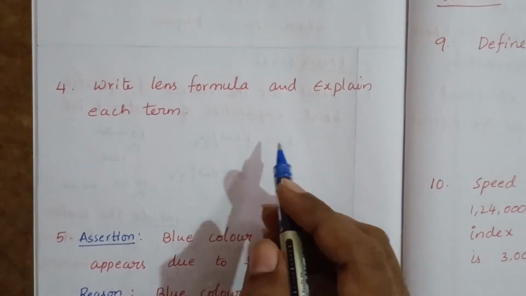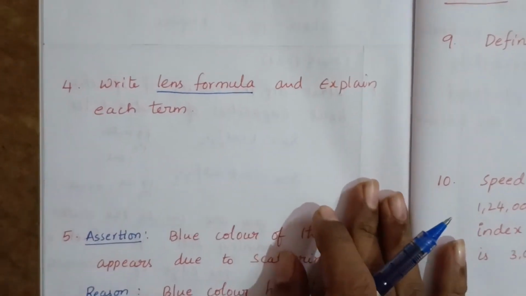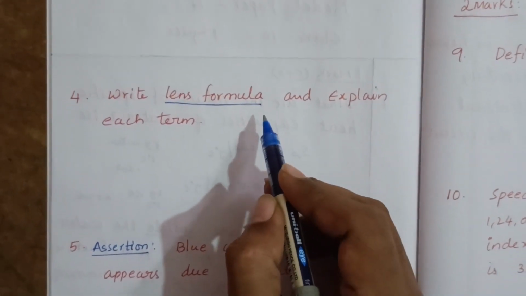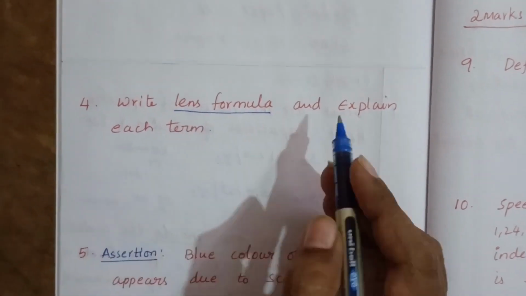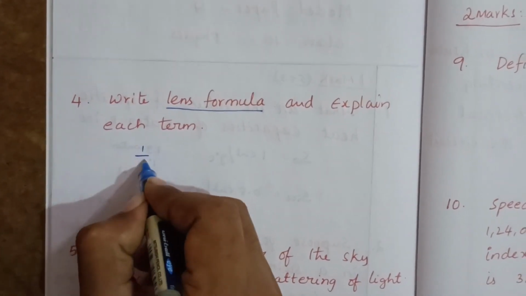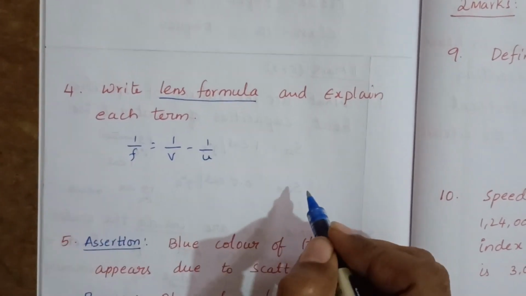Next question, write the lens formula. Students, check whether the question asks for lens formula or lens maker's formula. Here it is lens formula. What is the lens formula? 1 by f equal to 1 by v minus 1 by u.